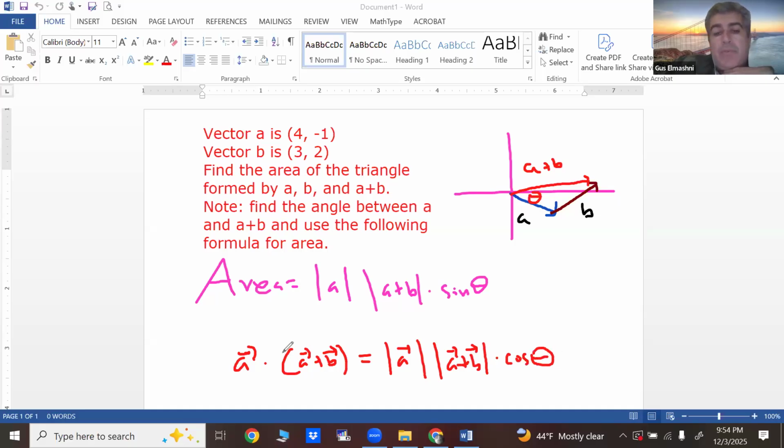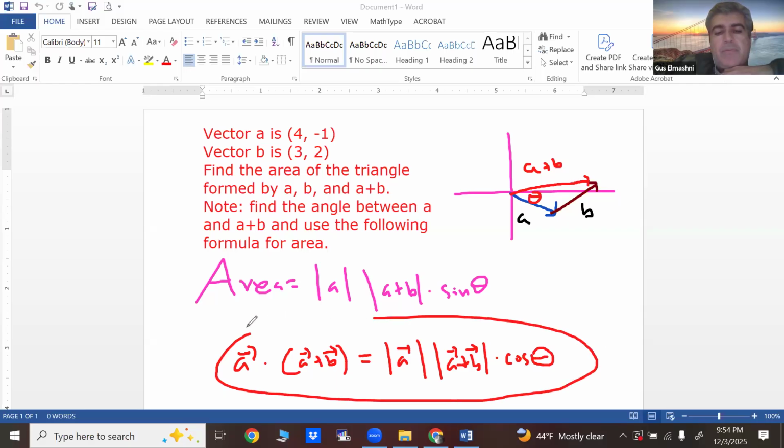You'll need to do that first. Once you have the angle, then you can throw it into this formula to find the area.